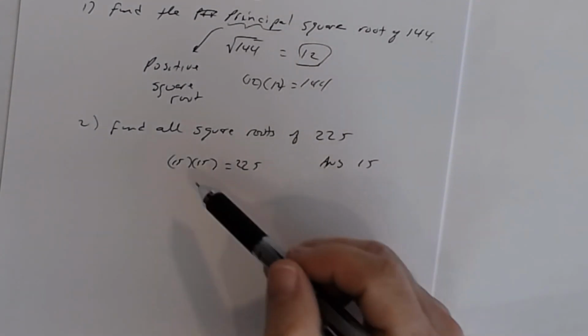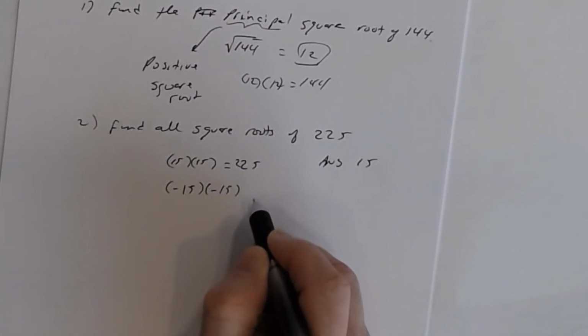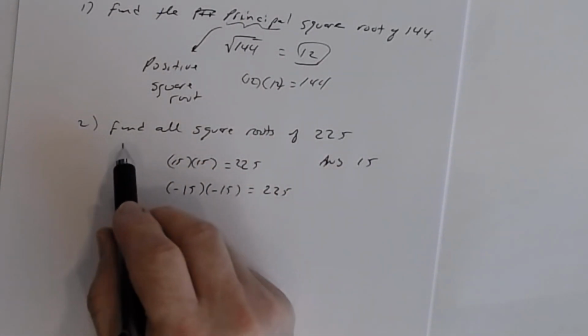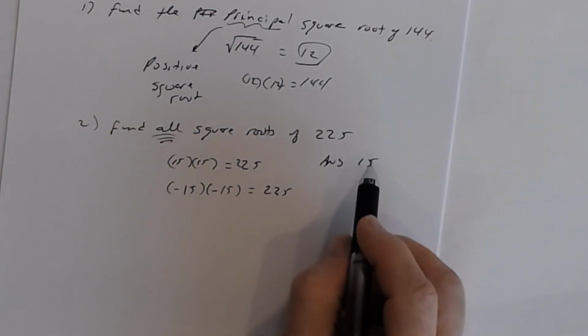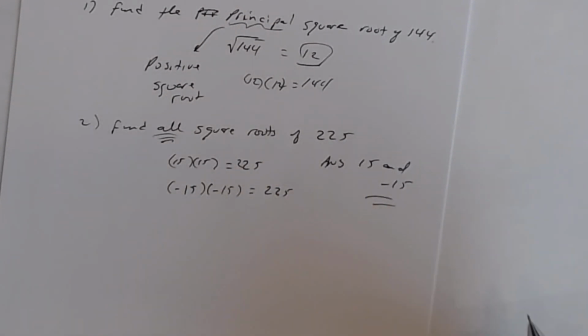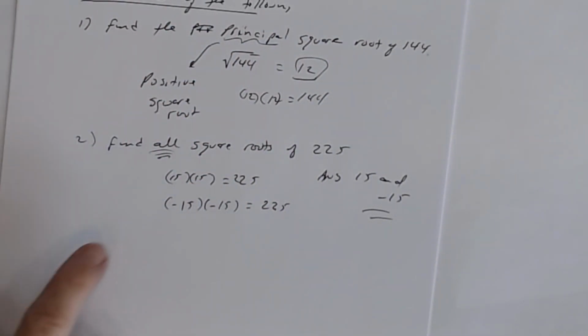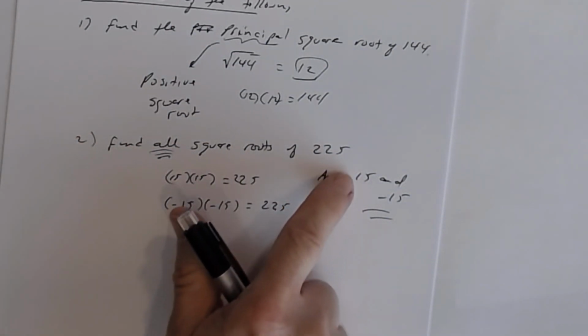What about negative 15? Negative 15 times negative 15 is also 225. So in number 2, where it says find all square roots, there are 2 answers, 15 and negative 15. Find the principal means only the positive square root. Find all square roots means both the positive and the negative.